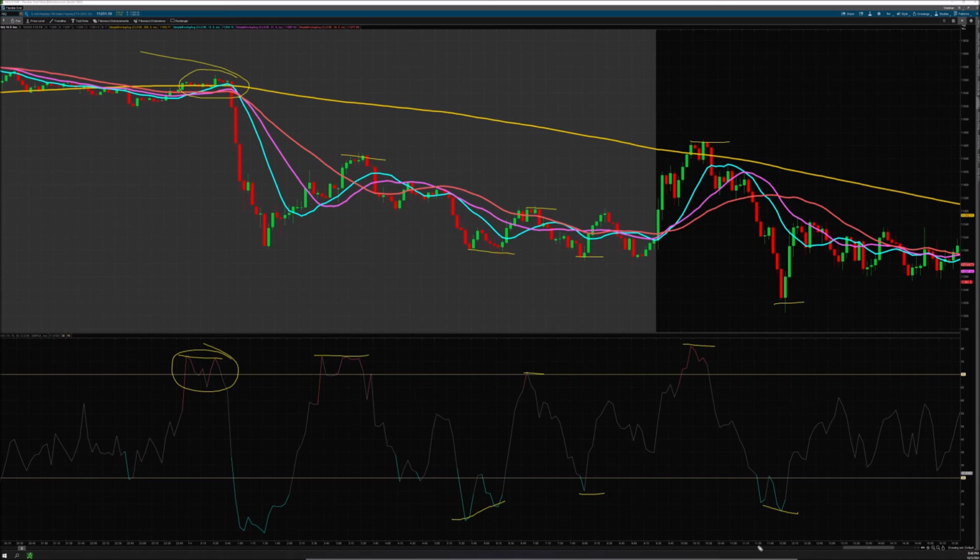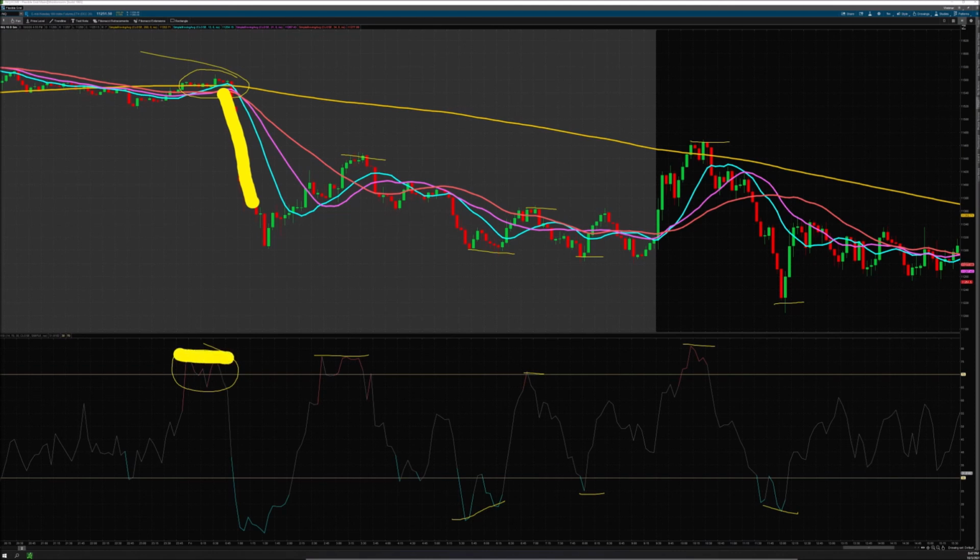This is basically the easiest indicator to learn: RSI, relative strength indicator. Everybody wasn't expecting this drop here, but the more I look into the charts, guess what?